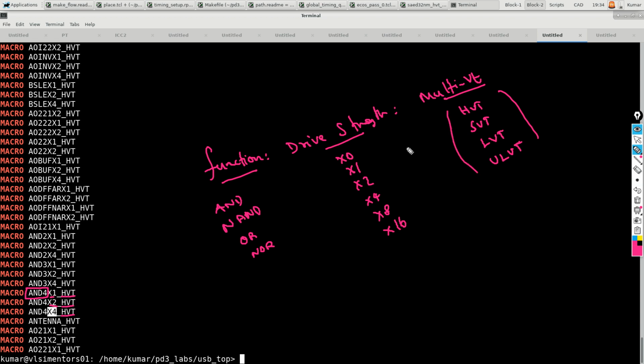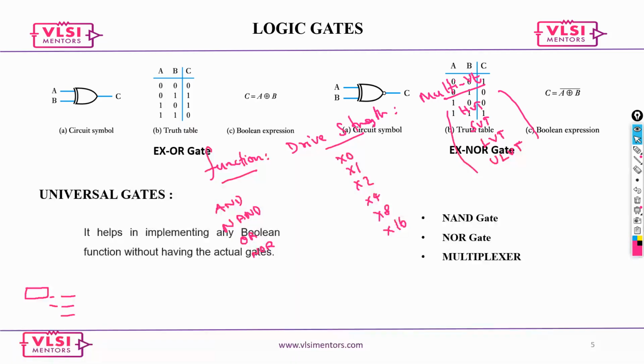So the homework for you is: what is the meaning of cell drive strength in VLSI? And why do we need so many drive strengths?